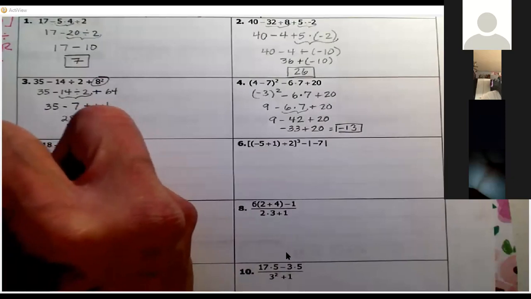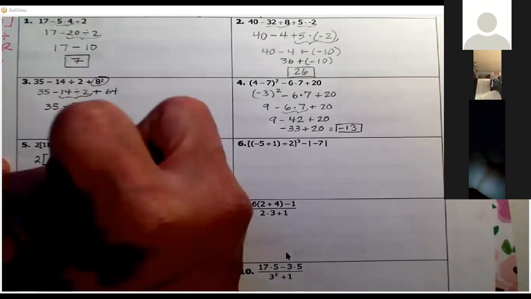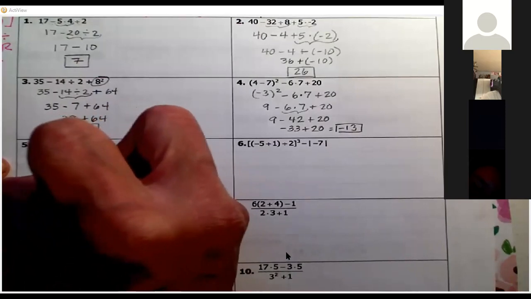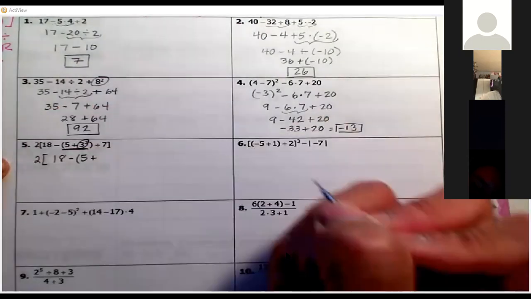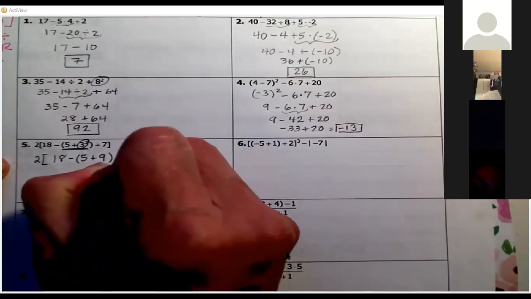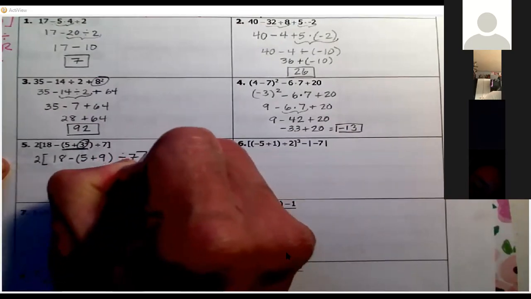2 times 18 minus 5 plus, I'm going to do this exponent right there. 3 times 3 is 9 divided by 7.